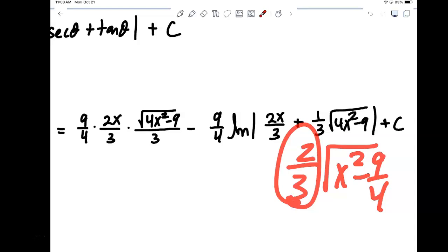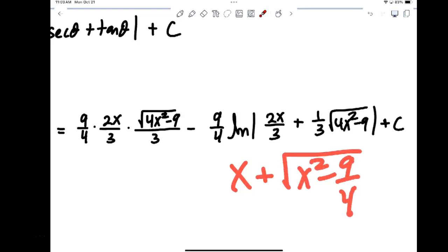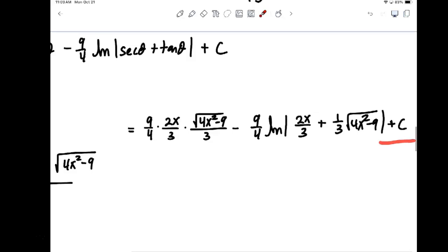And then you'd have ln of 2/3 times the absolute value of just x plus the square root of x squared minus 9/4. But ln of 2/3 is just another constant. So the constant's just different. So this is going to be the same as our original problem, just with a different constant. And that'll often happen with these integration tables. As opposed to doing it in an alternative method, you get the right answer, but it's off by a constant. And that's okay for an indefinite integral.